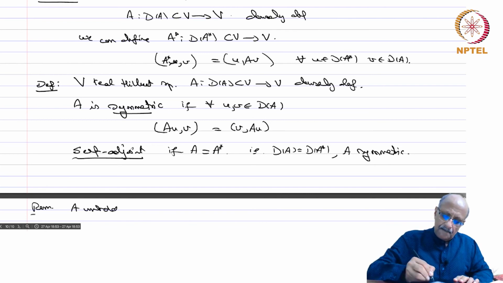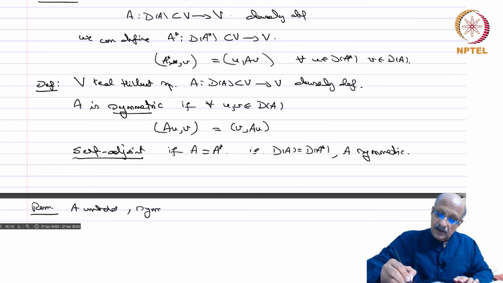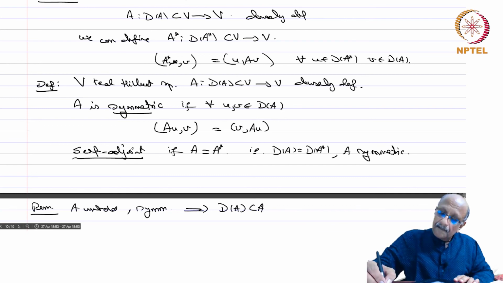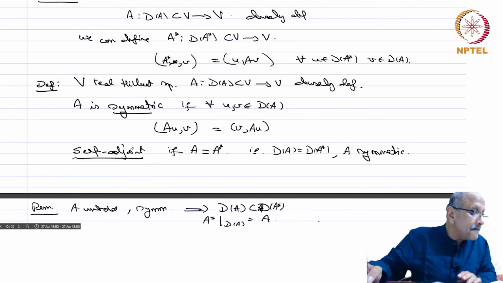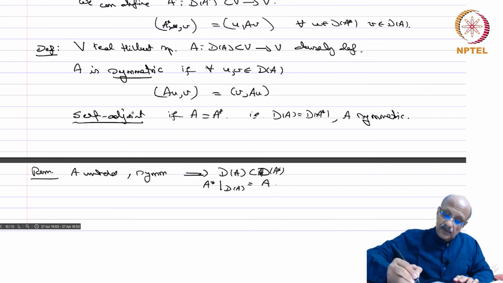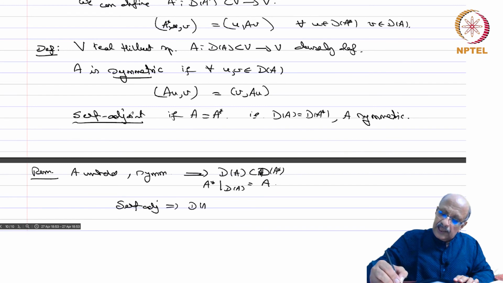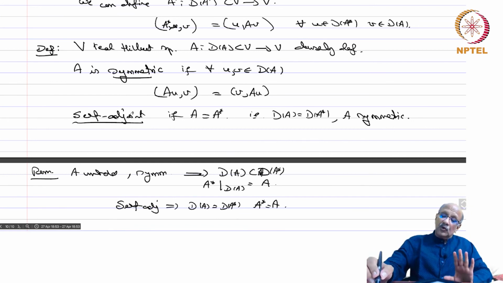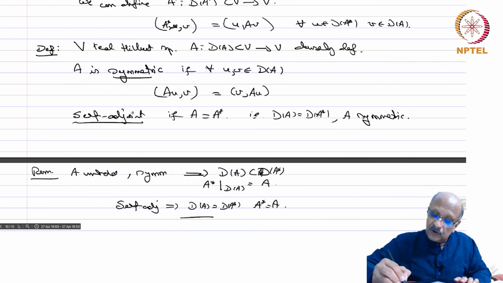Remark: symmetric only implies that D(A) is contained in D(A*) and that A* restricted to D(A) is the same as A. So, to show that it is self-adjoint, you have to show that D(A) equals D(A*) and A* equals A. So, symmetry alone is not enough. Okay. We will see examples of that adjoint next time.